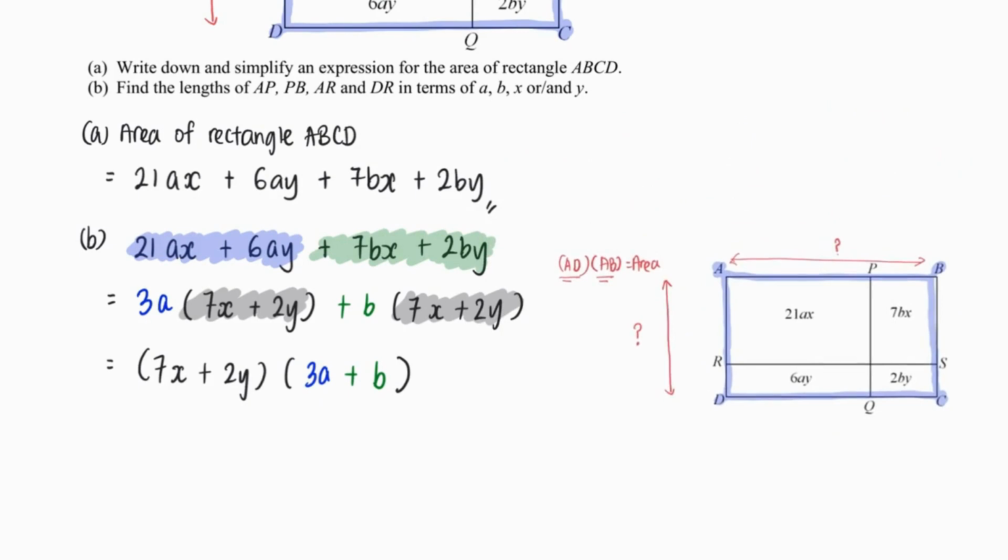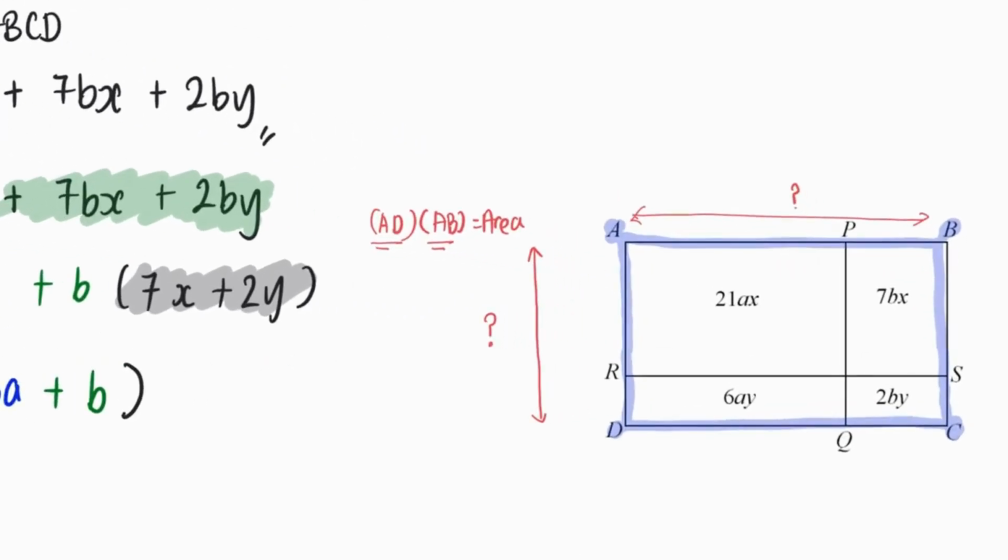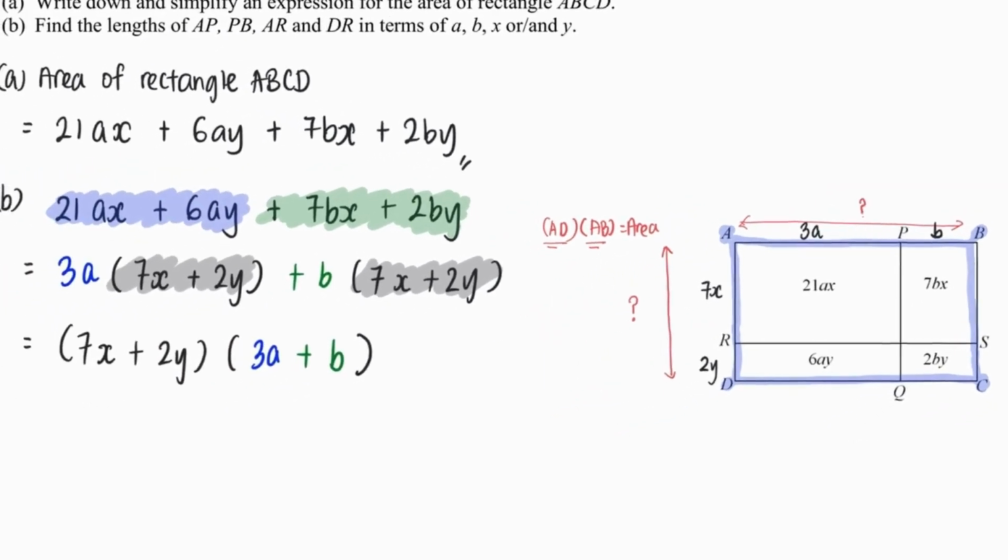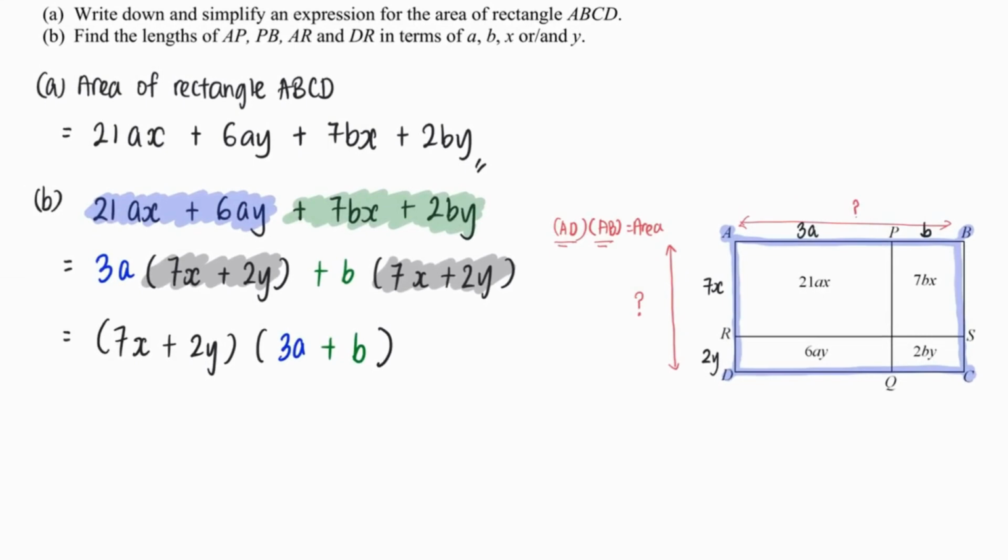I hope you can see. 7x plus 2y, I could put it directly into the diagram. 7x, 2y, 3a, and b, which is exactly what the factorized form of the area is. Can you see that?